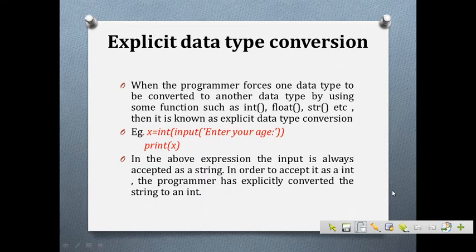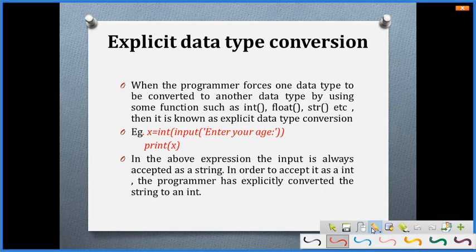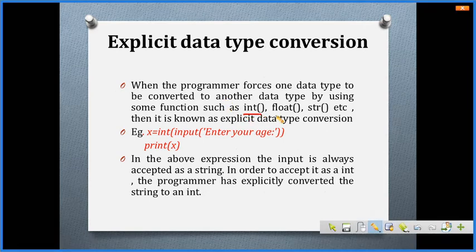Now coming to explicit data conversions. Implicit conversion is done by the Python interpreter itself, but if the programmer wants to convert one data type to another, we can use functions known as the int function, float function and str function, so that I can convert to the desired data type myself.